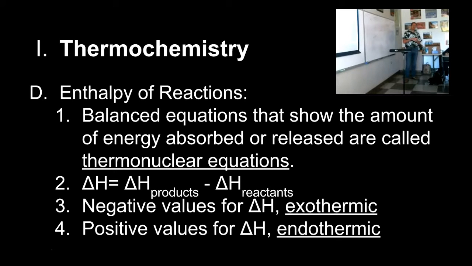If you get a negative value for delta H, then it's an exothermic reaction. And there was more energy available in the reactants than in the products. It gave off energy. So that's exothermic. Positive values for delta H are endothermic. So that means that you had to add energy to get this thing to happen.